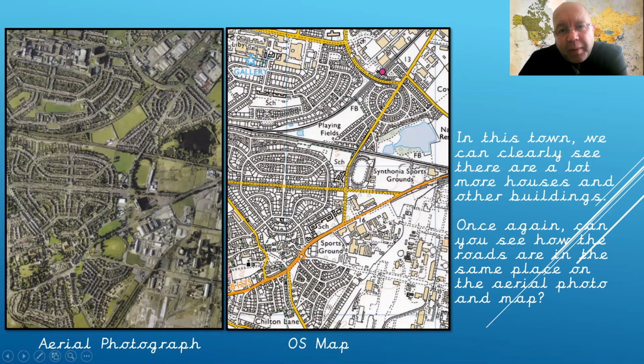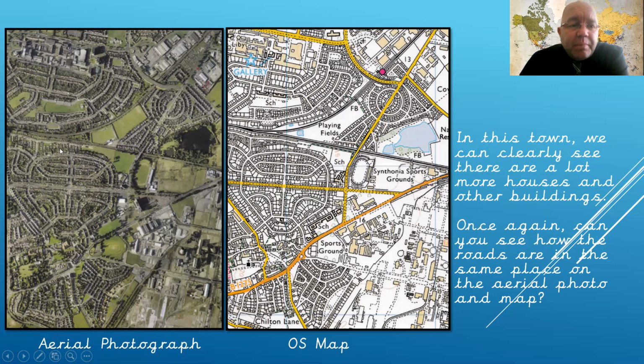On the map, we've got that big sweeping road up at the top and just the same in real life. When we get to the end of that road, it comes down through the middle here, and so it does on the picture. So it's very easy to compare and be actually quite impressed. Let's be totally honest, really impressed at just how well matched our maps and reality are.